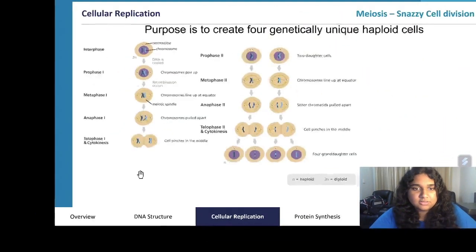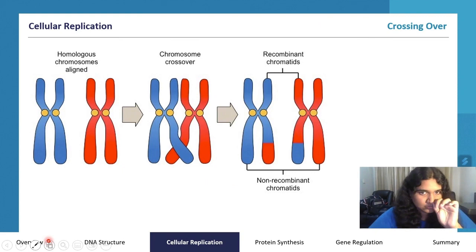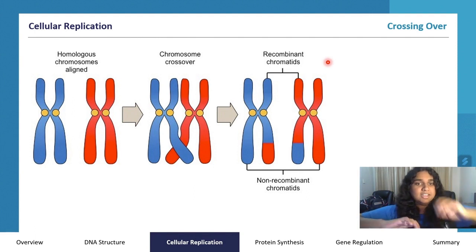One thing that's important to note here is that after metaphase 1, there is this process that occurs called crossing over. Crossing over is basically where homologous chromosomes, so these are identical chromosomes that have been replicated, one is from the father's side, one is from the mother's side, and their ends will start to overlap with each other and exchange sections of DNA.